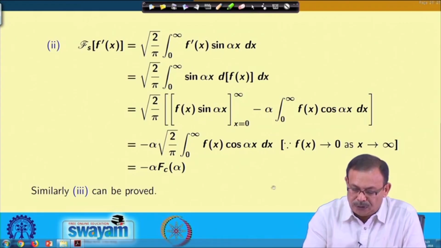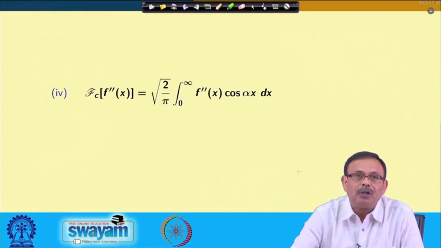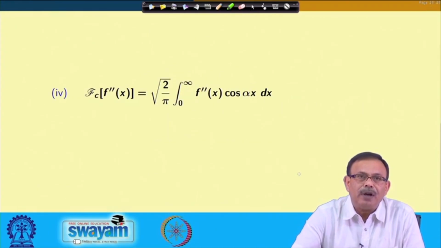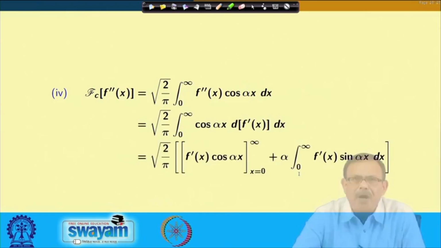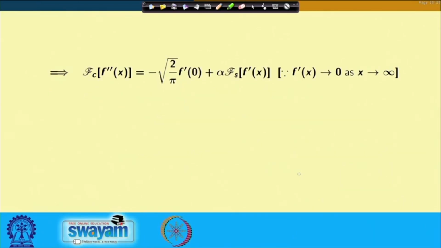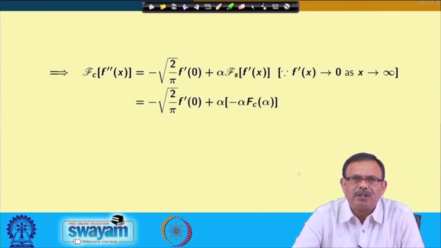So, let us see the fourth one. The Fourier cosine transform of f double dash x I am finding out, which is root over 2 by pi integral 0 to infinity f double dash x into cos of alpha x dx, and this I am writing as d of f dash x. Now, I am integrating by parts, as we have already shown. So, we are getting minus root over 2 by pi f dash 0 minus alpha times the Fourier sine transform of f dash x, and using the earlier property, the Fourier sine transform of f dash x is nothing but minus alpha into the Fourier cosine transform of f of alpha.